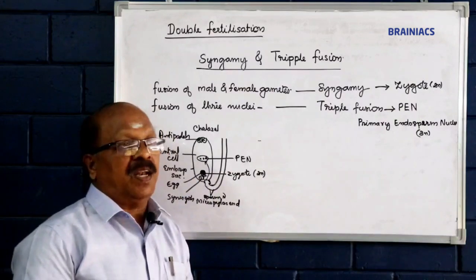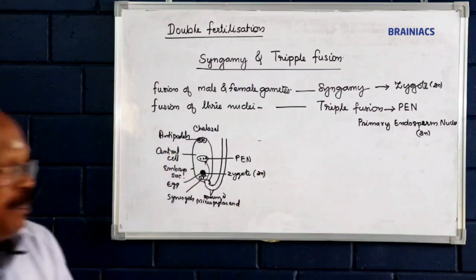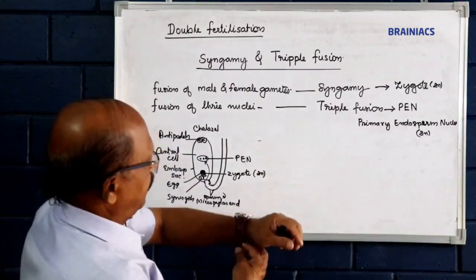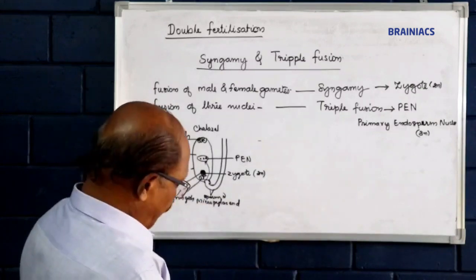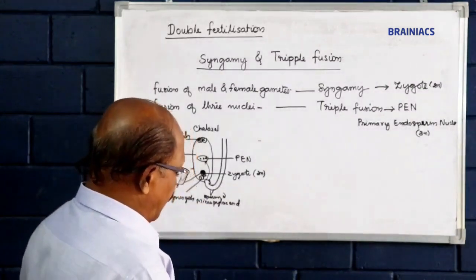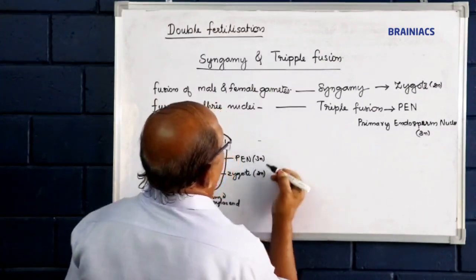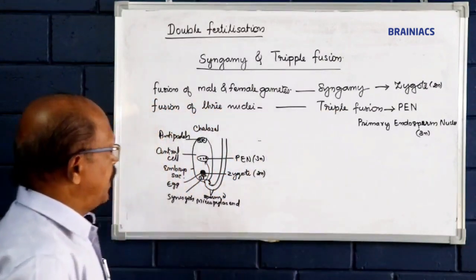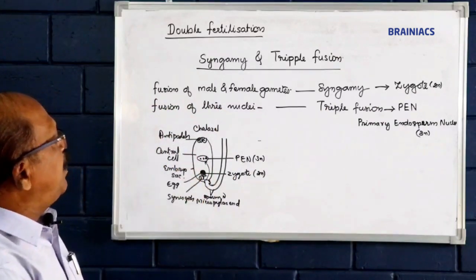Together with the sperm it becomes the triploid primary endosperm cell. Triple fusion results in the formation of primary endosperm cell, which is triploid and later becomes the endosperm. So this is about double fertilization.